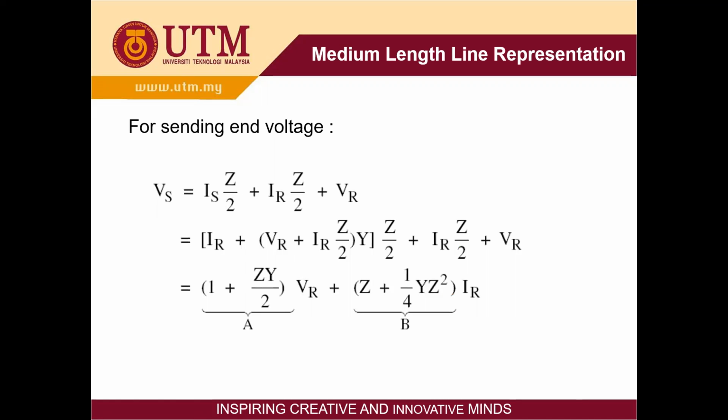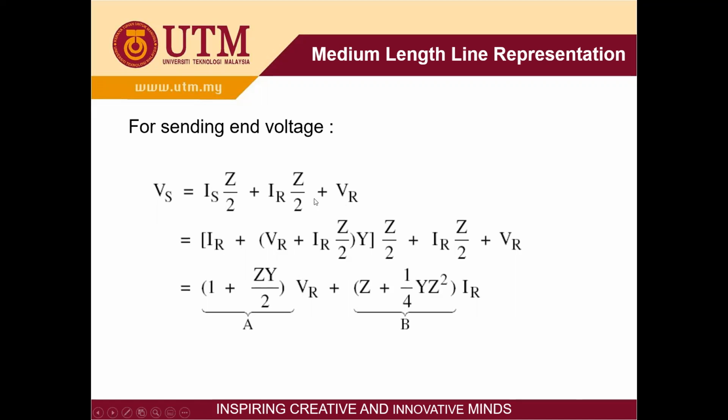This is the analysis to obtain the parameters A and B. This is Vs, which is what we call the voltage drop.